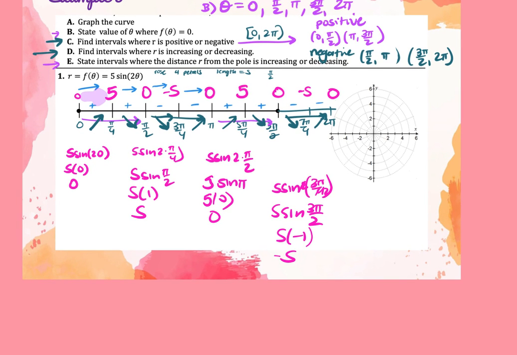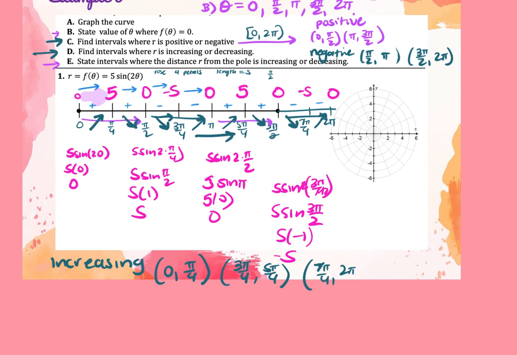So if I write all those out, increasing from 0 to pi over 4, from 3 pi over 4, this goes twice, so to 5 pi over 4, and then again at the end there, 7 pi over 4 to 2 pi.